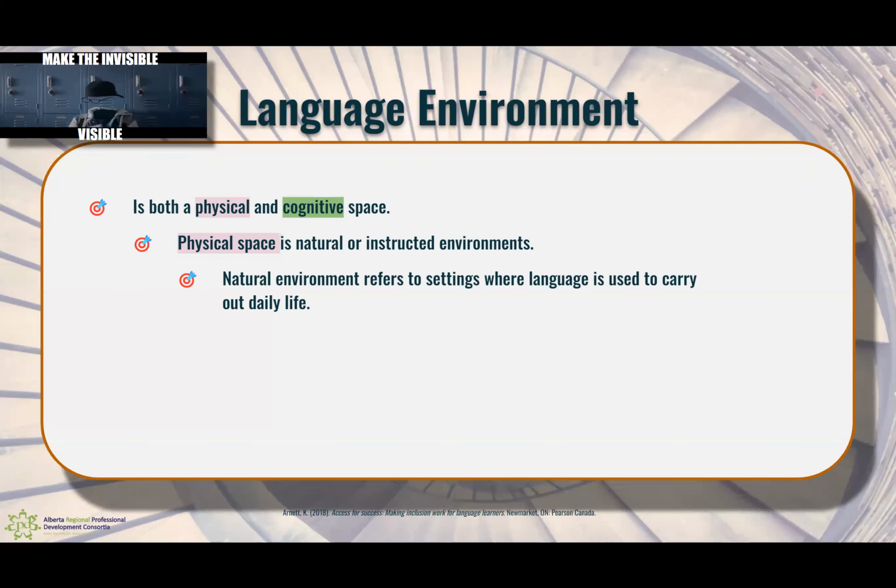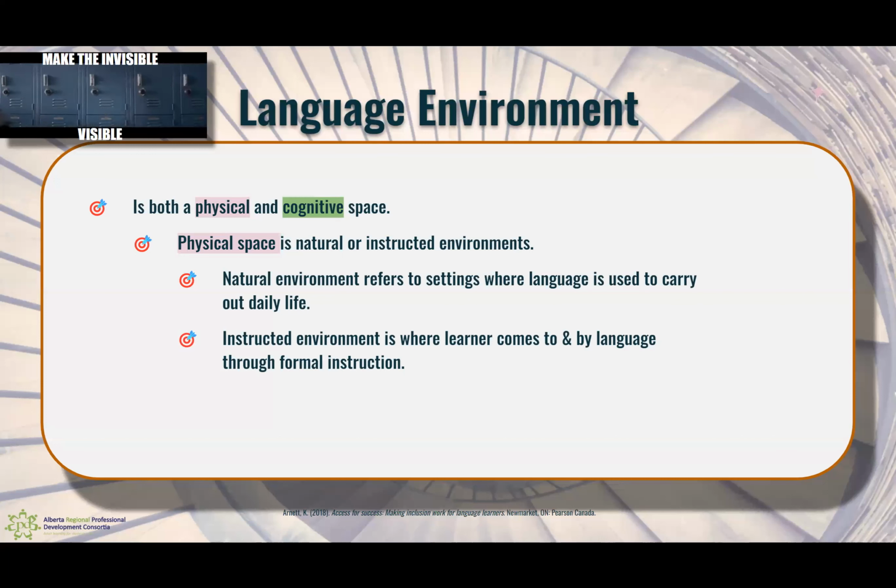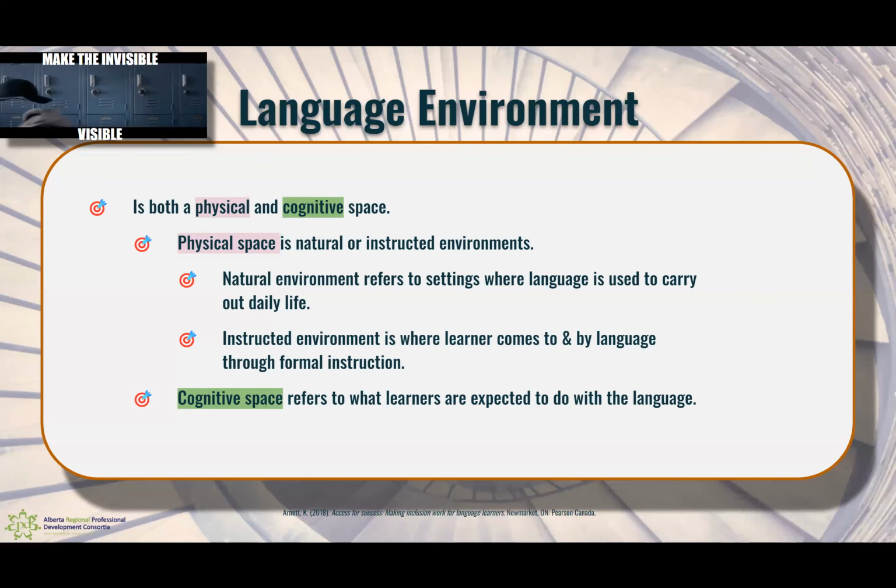What's in their physical space that they can come to and buy into the language? Then there's the instructed environment, where there are mini lessons, you're pointing out and building some of that meta-linguistic awareness, and making little mini lessons to help with that language. And then the cognitive space: what are learners expected to do with the language?